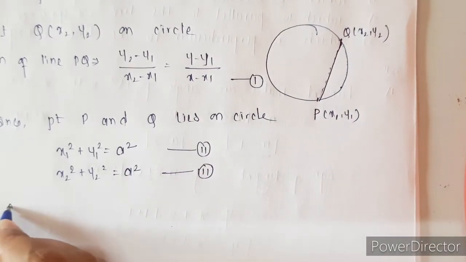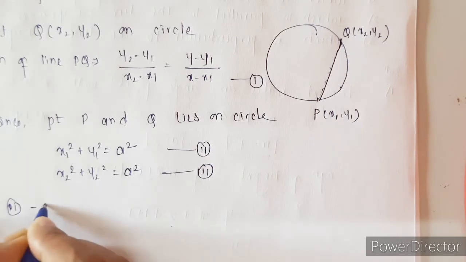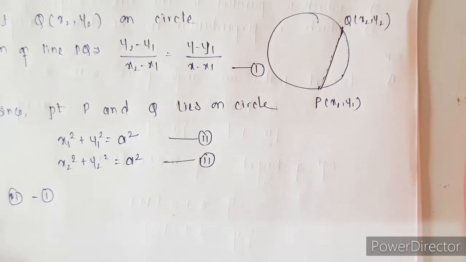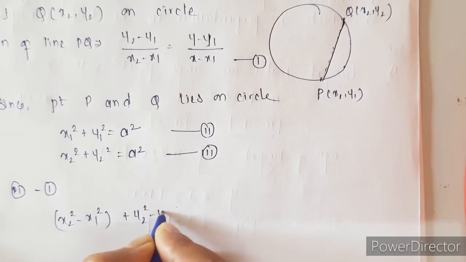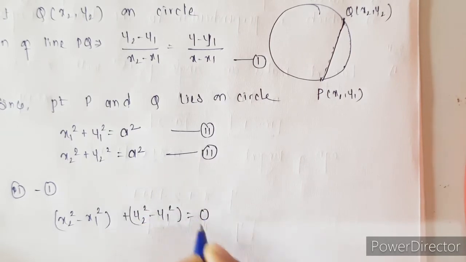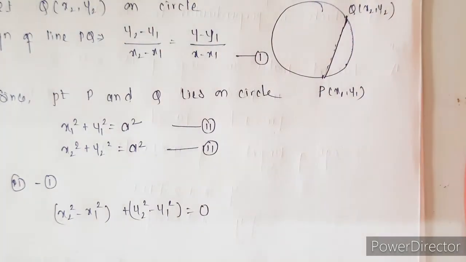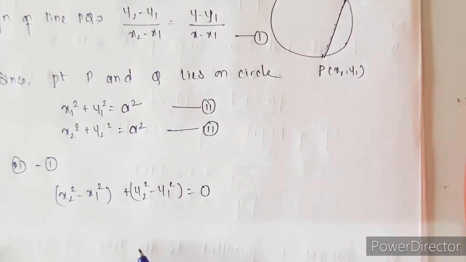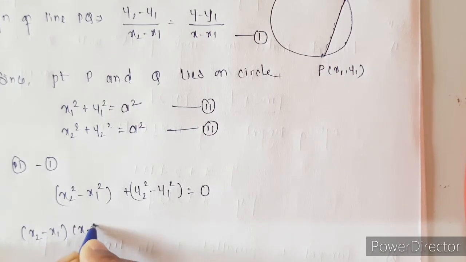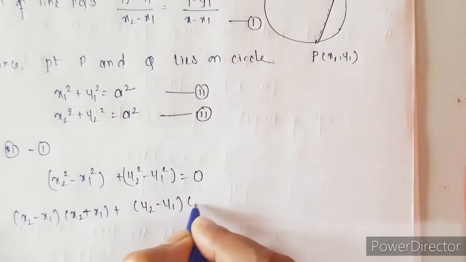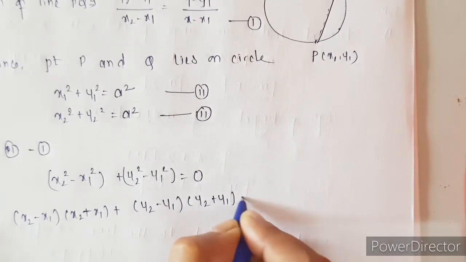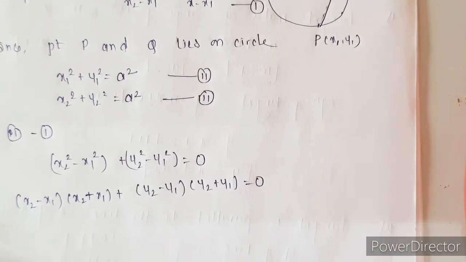Suppose I subtract the second by the first one. What I will get is x2 square minus x1 square plus y2 square minus y1 square equals 0. Now this is a square minus b square, so we can write this as x2 minus x1 into x2 plus x1, and similarly y2 minus y1 into y2 plus y1 equals 0.